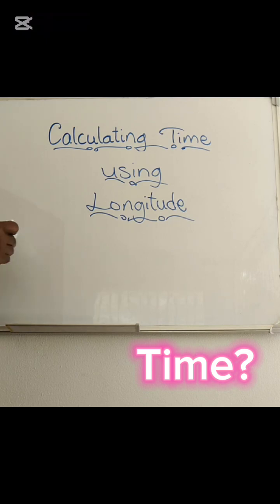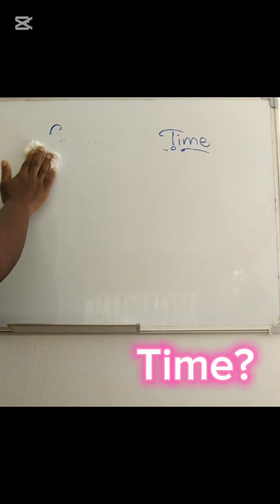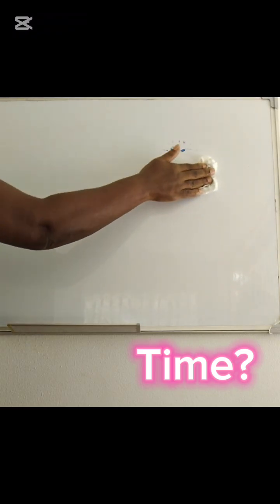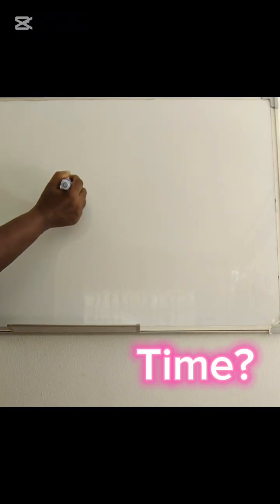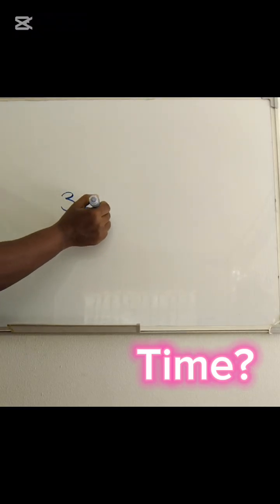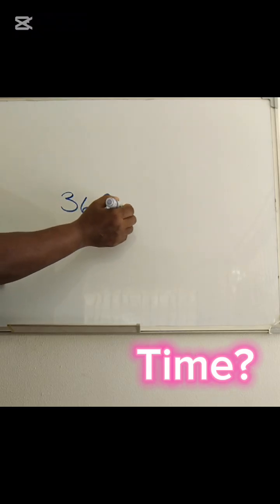And when we speak of time, we are talking about the rotation of the Earth on its axis. So it actually takes 360 degrees to rotate on its axis, and it does that in 24 hours.